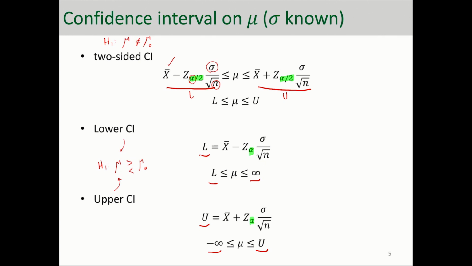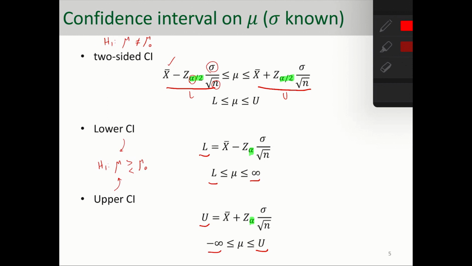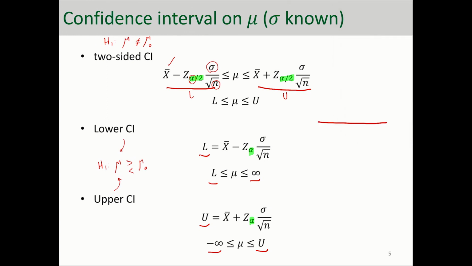And the reason is, in a two-sided test, you have these two rejection areas, right? And the sum of those areas are alpha. So alpha over 2 and alpha over 2.